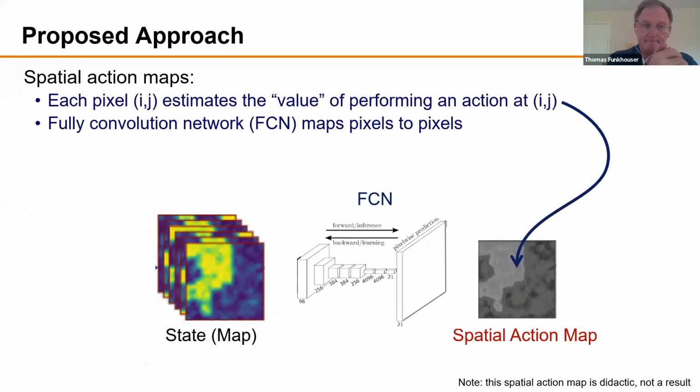So instead, in this work, we're going to propose spatial action maps, where the representation of the actions is not an abstract set of classes or regressing navigation steering commands, but rather is a dense pixel-aligned, pixel-to-pixel value of performing an action at each location in the map.